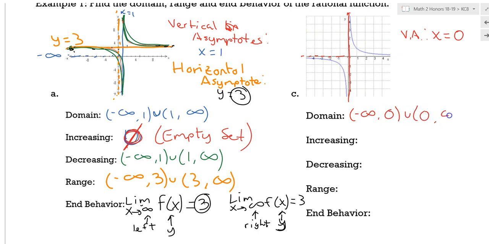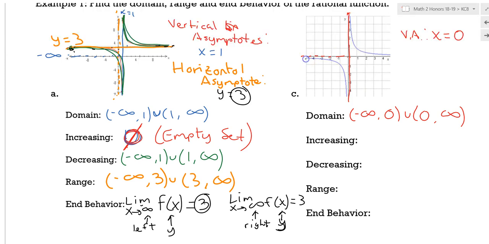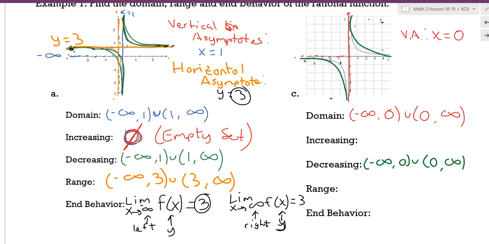I jump over the fence and then I keep going. This one is from negative infinity to 0. This section, it's dropping. This section is dropping. So both of the sections we have here are dropping. So there, again, there is no increasing. It's that empty set.